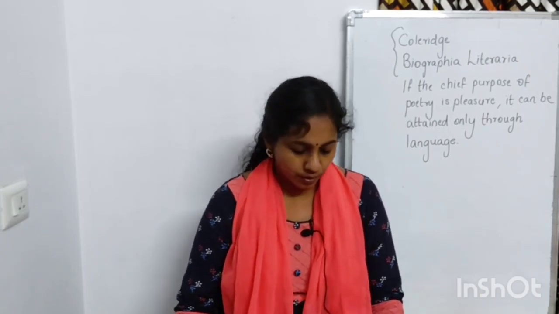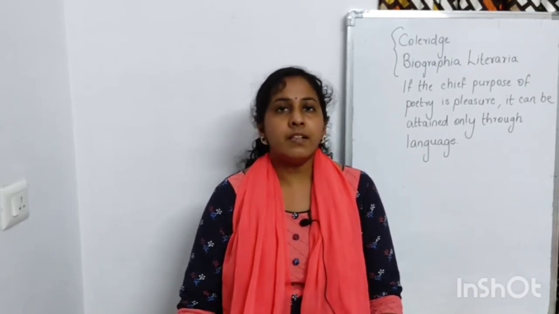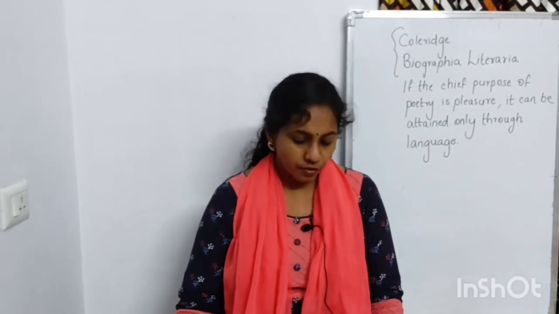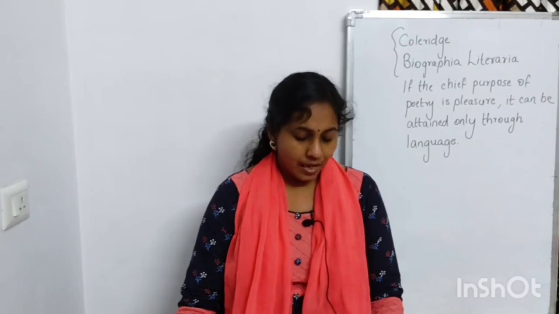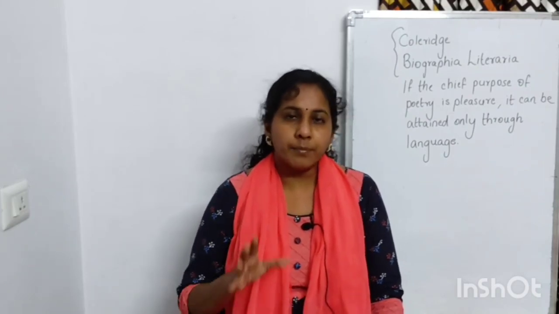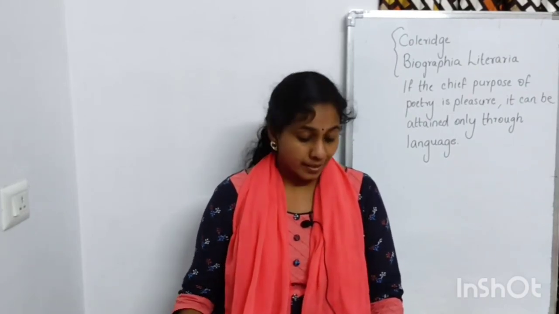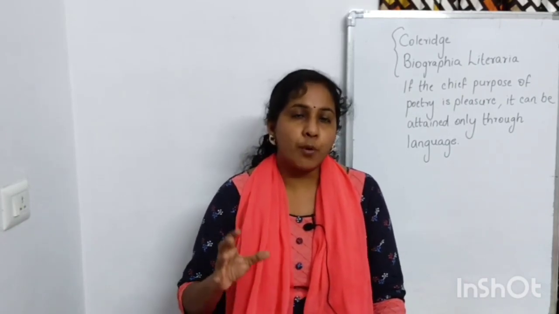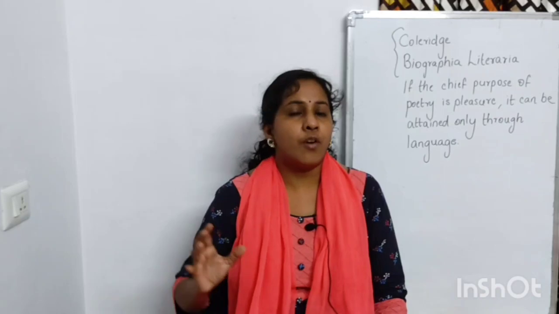But after this work, and after agreeing to some of his views, he had differences of opinion and they grew apart. The main point was that Coleridge disagreed with Wordsworth's view that the language of poetry must be that of ordinary language.